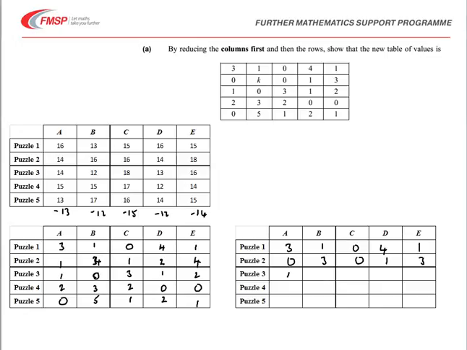And then the other rows stay the same, 1, 0, 3, 1, 2, 2, 3, 2, 0, 0, and 0, 5, 1, 2, 1. So indeed we have shown that the table produced is as in the question, and the value of k here is given by this value here equal to 3. So k equals 3.